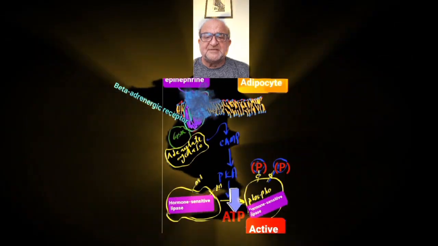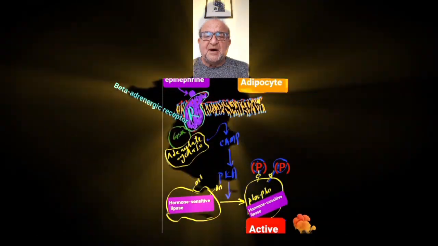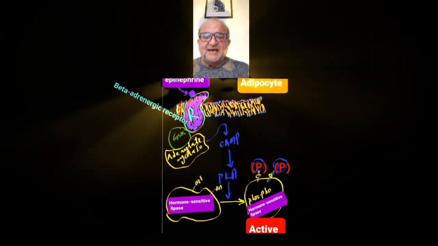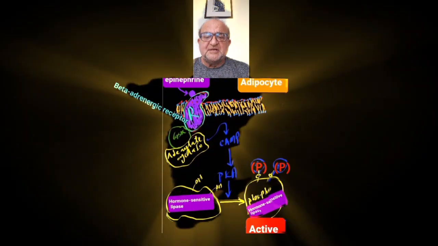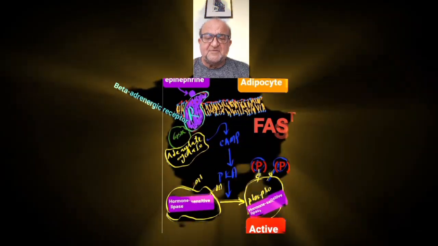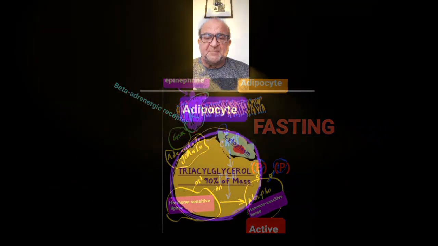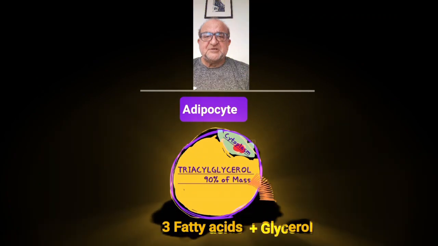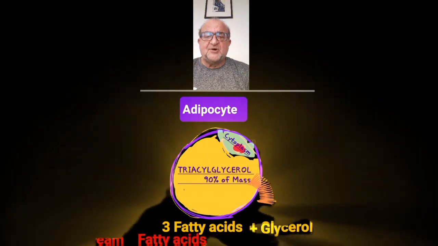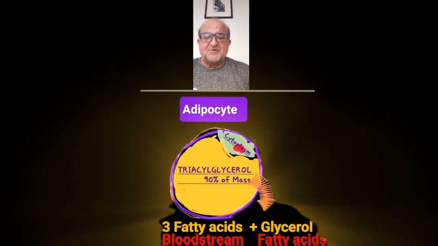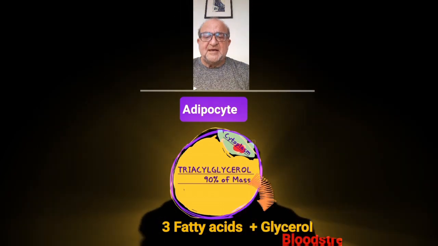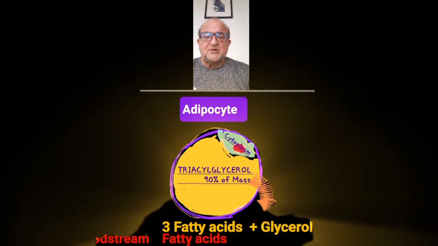Hormone-sensitive lipase gets phosphorylated by protein kinase A, which in turn is activated by activation of the beta-adrenergic receptor by epinephrine. This results in the release of 3 fatty acids from triacylglycerol and glycerol to the bloodstream.